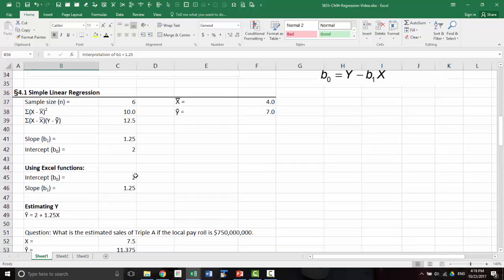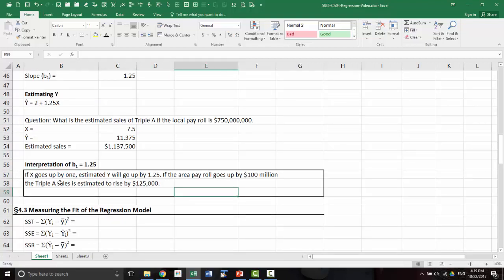X going up by 1 is the same as saying the payroll increases by $100 million. Then our sales will grow by 1.25 times 100,000, so it will go up by $125,000.